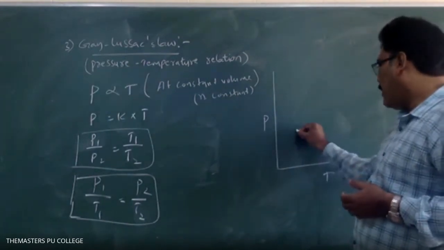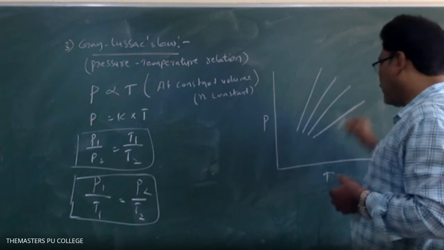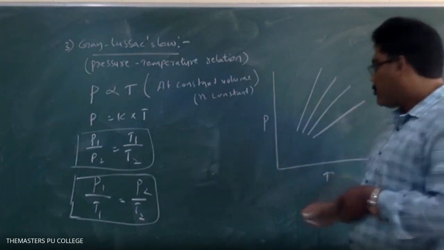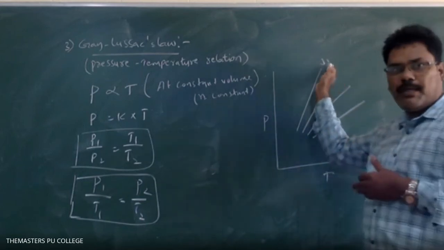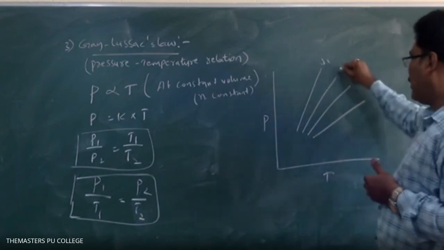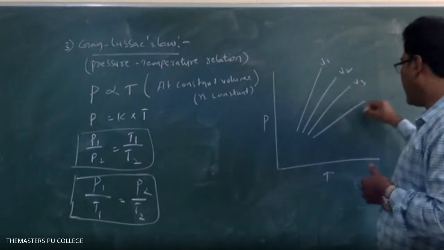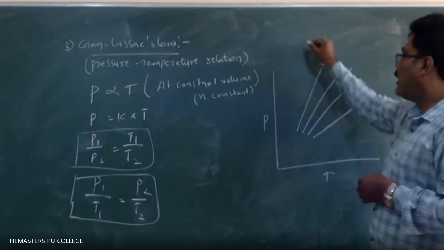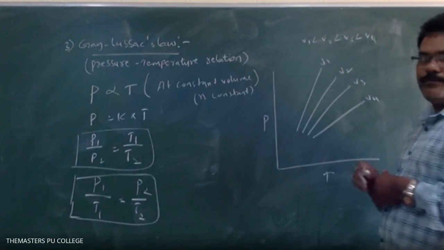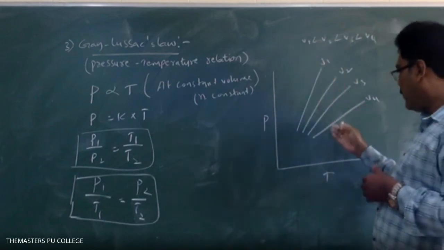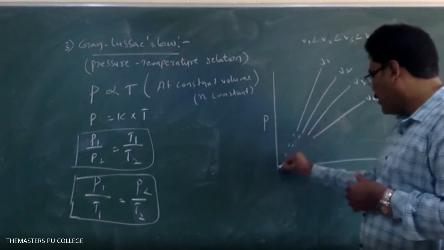Here V1 means a certain volume of the gas. Then with more volume, V1 is less than V2, less than V3, less than V4. The volume of the gas is increasing. When you extend these lines, they pass through the origin.